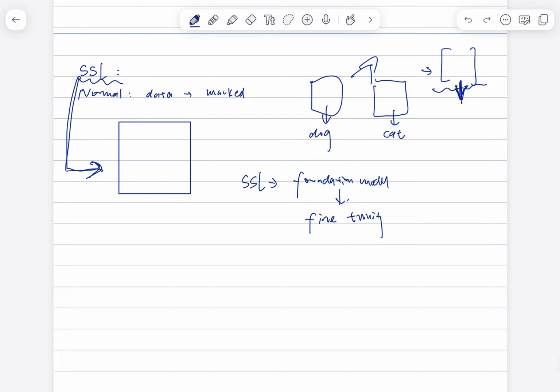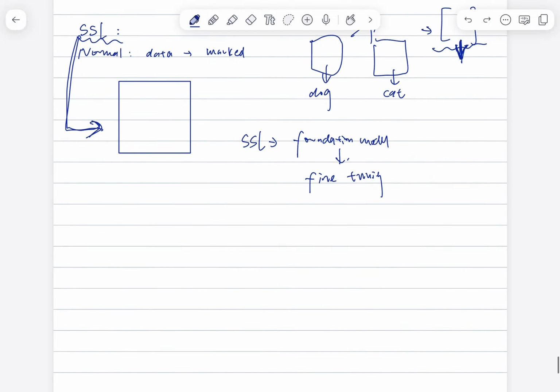The downside about self-supervised learning is that, first of all, it needs a bunch of starting data to begin with, because you want it to have the basic idea in mind, like this is a cat and that's a dog, and then you can fine tune the entire model.